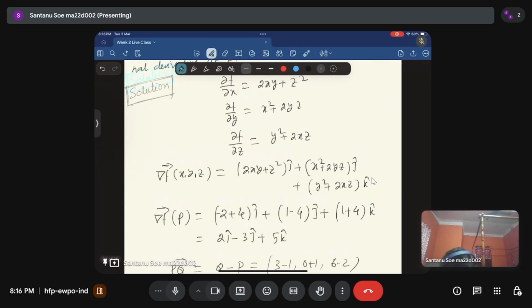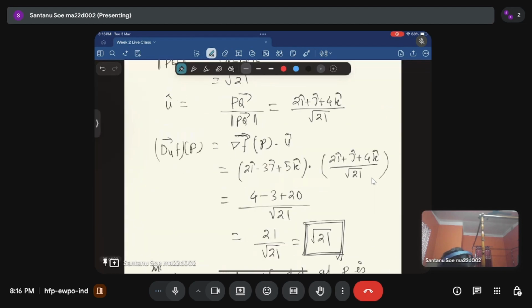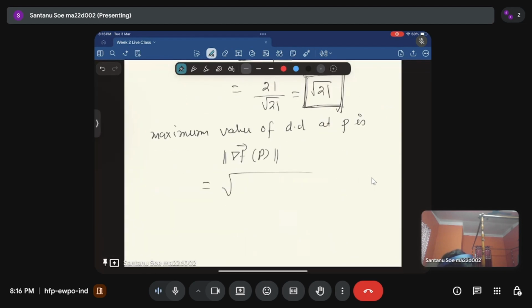Which is just square root of 2 square plus minus 3 whole square plus 5 square. So this is 4 plus 9 plus 25. So this is square root of 38. And this is going to happen in the direction of gradient of f, correct?